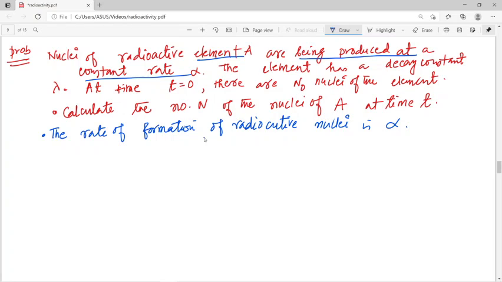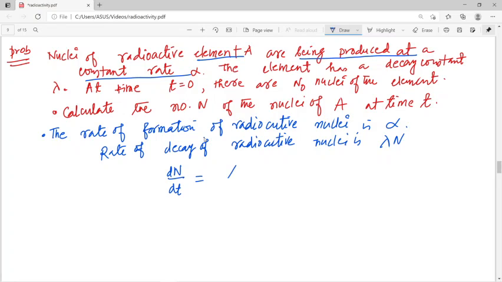The rate of decay of radioactive nuclei is lambda n. So what we can say, dn with respect to dt should be alpha minus lambda n, because alpha is the rate at which the element is being produced at a constant rate, and that is the decay. So what we get is alpha minus lambda n.